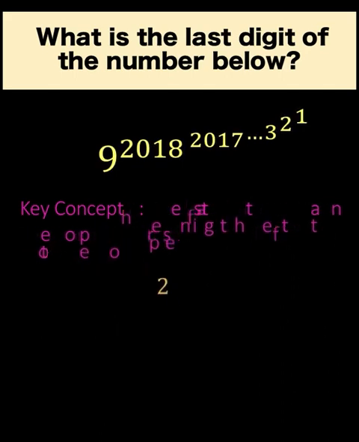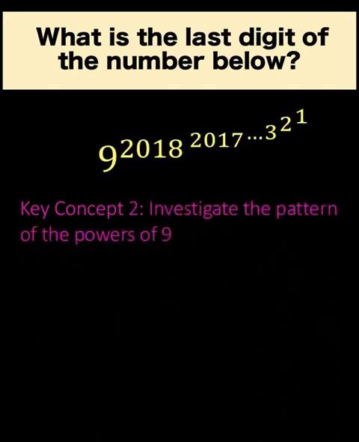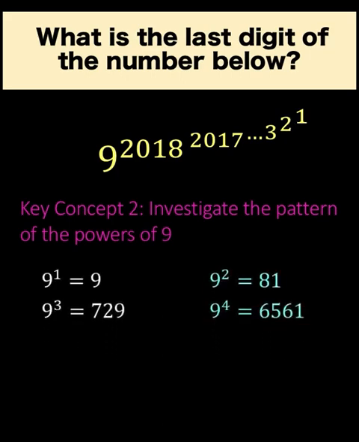Second step, let's investigate the pattern of the powers of 9. Because we now have here 9, we want to know what's the pattern when 9 is raised to any exponents. So let's raise 9 to the first, 9 to the second, 9 to the third, 9 to the fourth, 9 to the fifth, 9 to the sixth, and by now, we have seen the pattern already.